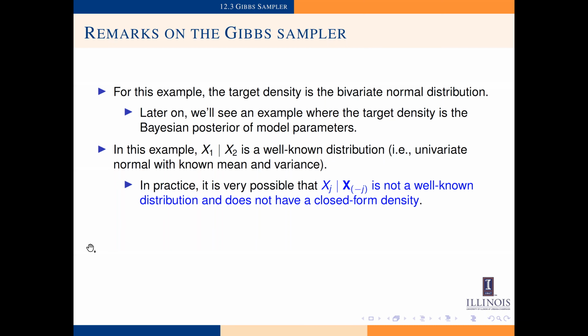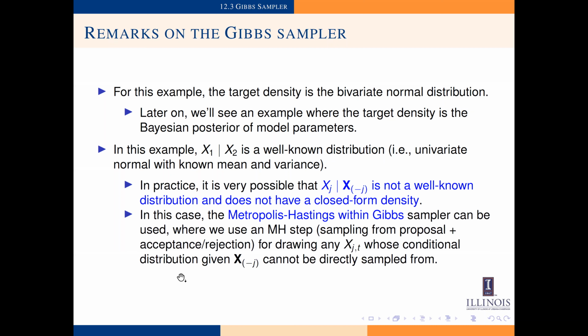In practice, it is quite possible that xj, given the other dimensions, is not a well-known distribution, and it does not even have a closed form density. What should you do? Well, in these cases, we can still implement the Gibbs sampler, but we will need to use something called Metropolis-Hastings within Gibbs sampler.